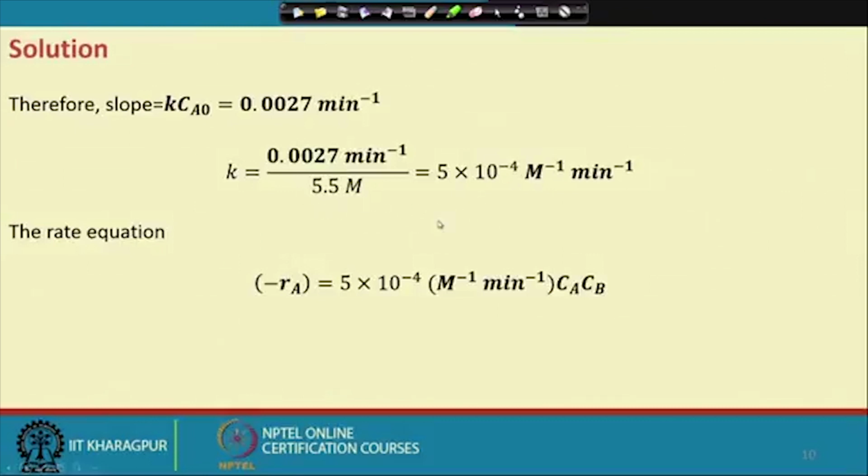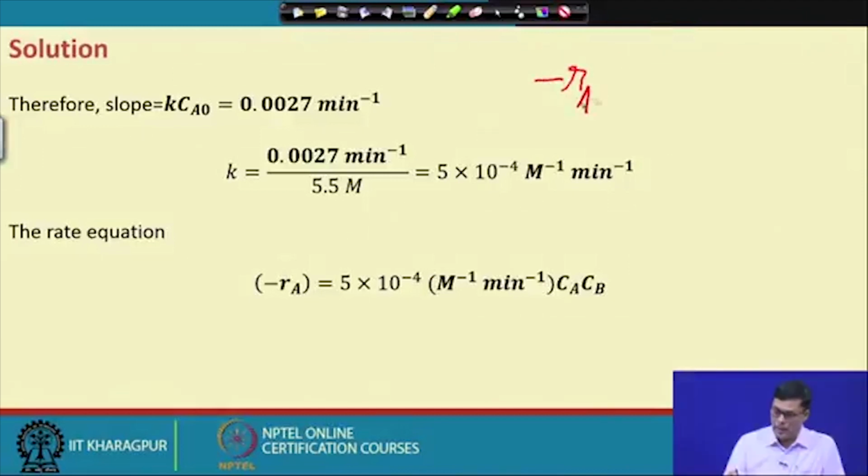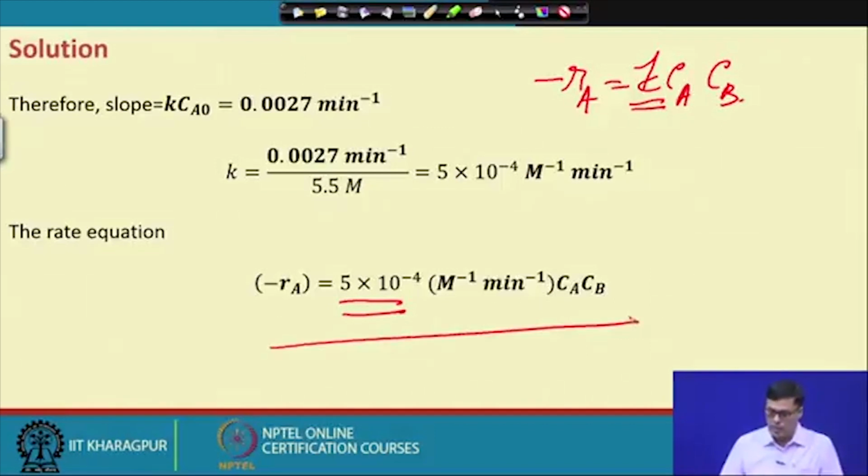Now once we get this K value, we know our rate equation. What is our rate equation? Minus Ra equal to K into Ca into Cb. Am I right? Now the K value has been determined, so we can put this K value here, and this is how we can write the rate equation.